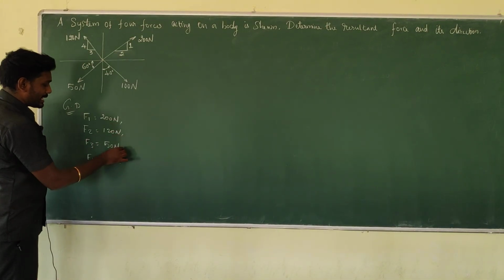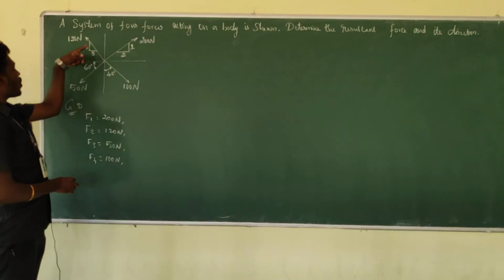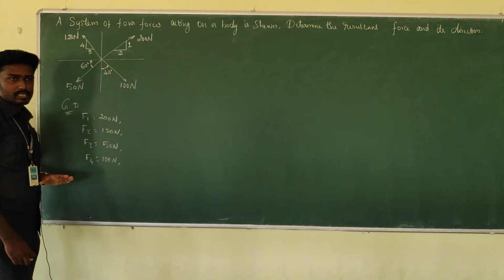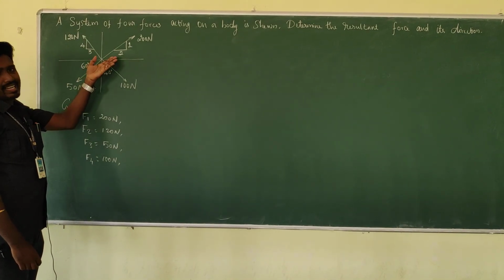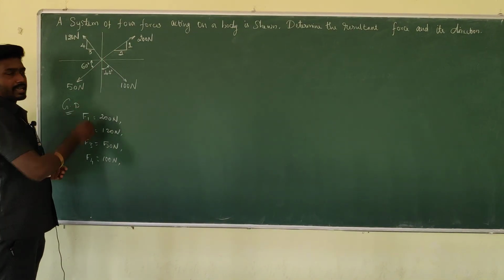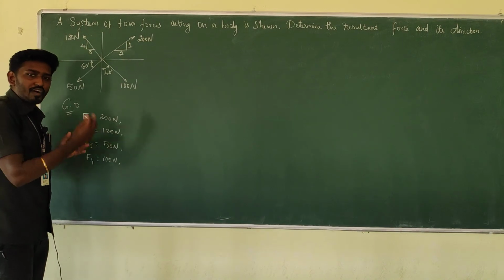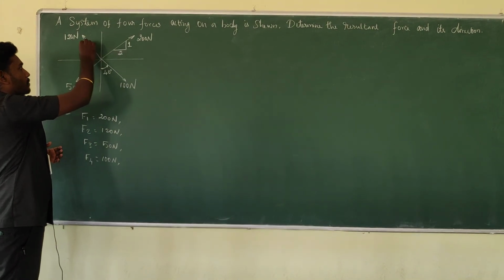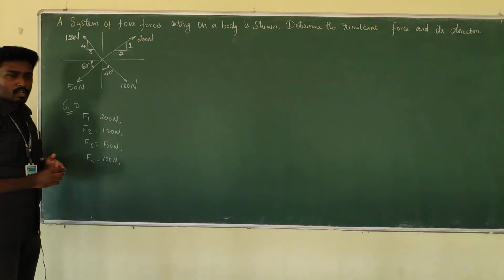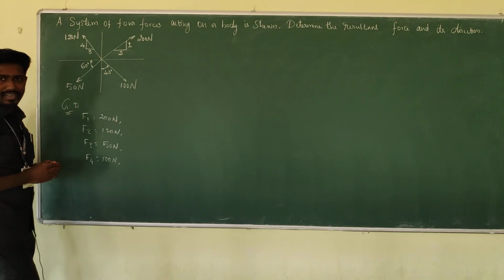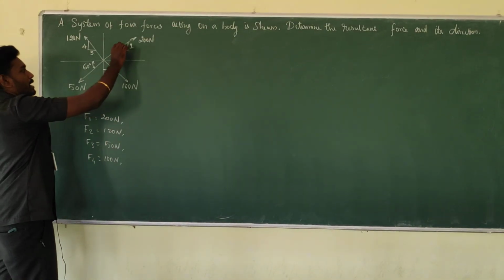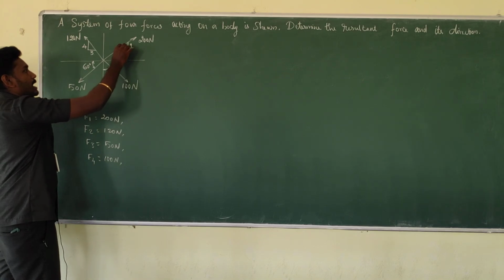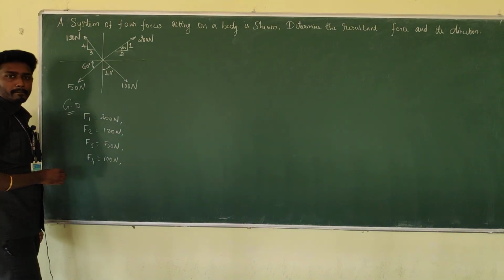What about the inclination of all the forces? There is no inclination given in the diagram, but to find the inclination there is a clue. In order to find the theta value, we have to find this angle theta 1.